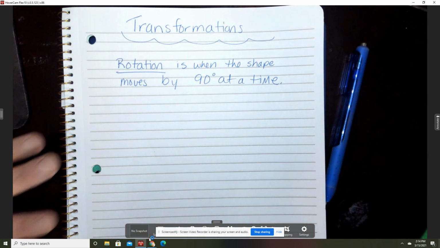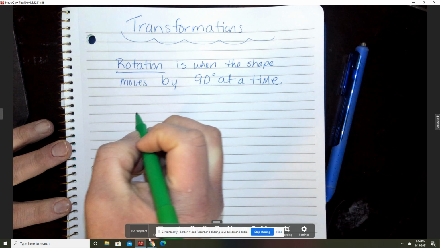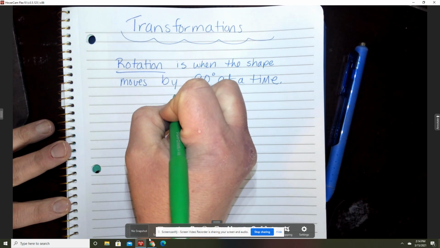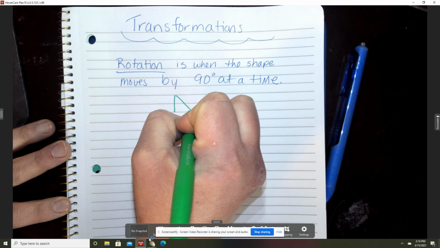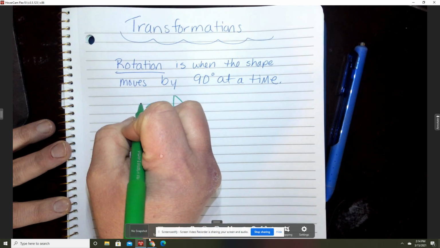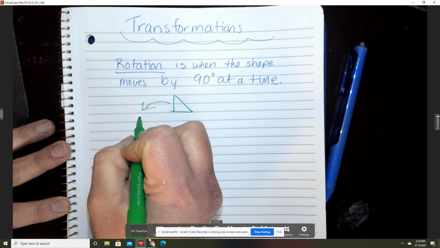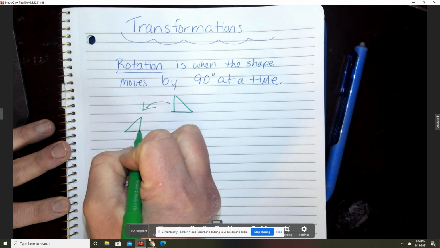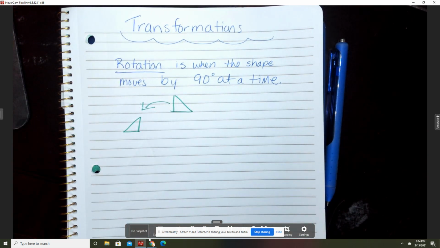I know I say that all the time. I can't draw. Okay, so if you have your shape like this, and you're going to move it a 90-degree turn, then your shape would look like that. They're supposed to look very similar, but they're not too similar.